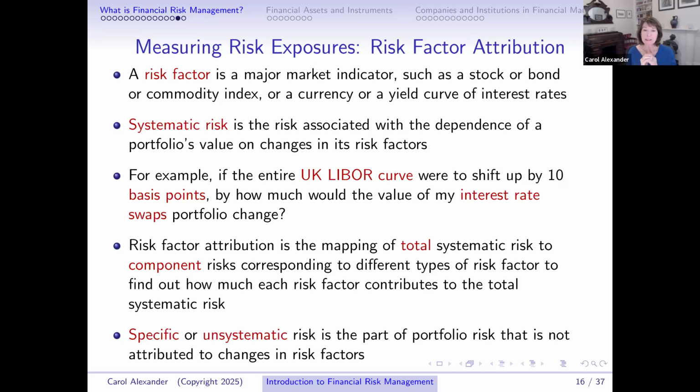So anyway, systematic risk is the risk associated with the risk factor, but it's not perfect. There's always a residual risk. So if you've got a simple portfolio, just 100 shares in the S&P 500, then you've got its systematic risk, which is going to be the beta times the risk of the risk factor of the S&P 500. That's the systematic risk. But you've also got the residual risk, which is not captured by the risk factor as well.